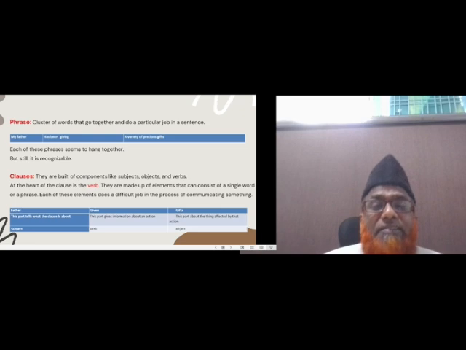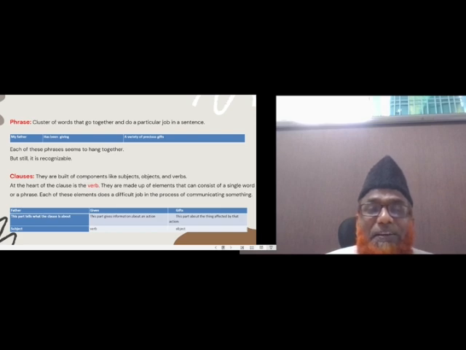You can understand with the example: father, given, and gifts. Try to understand. Father, this part tells what the clause is about, meaning the subject. Given, this part gives information about an action.